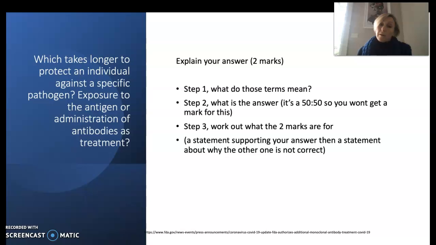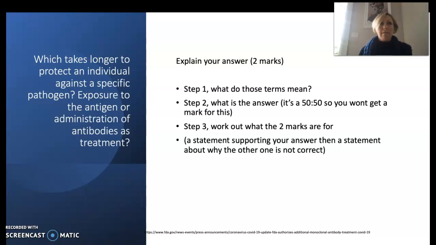The place that those marks are going to come from, you need to make a statement explaining your choice. So still make a choice. If you think it's exposure to the antigen, state that. If you think it's using antibodies as treatment, state that, and then explain why. The second mark will be about why the other alternative is not correct.